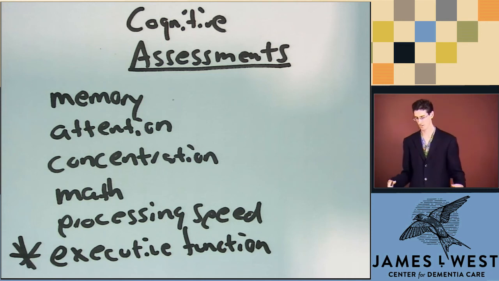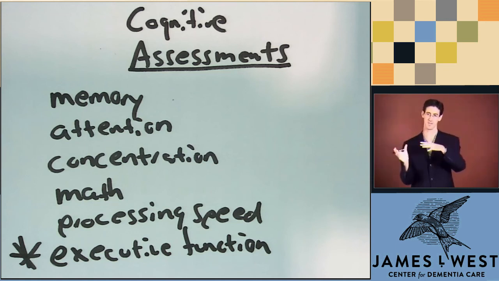And so if a person isn't able to provide food, clothing, shelter, if they're not able to manage their money, or if they're not able to attend to their physical needs, and we believe that it's because of a mental condition, in this case dementia, then they don't have decision-making capacity.